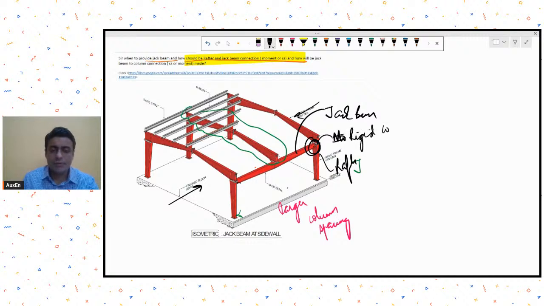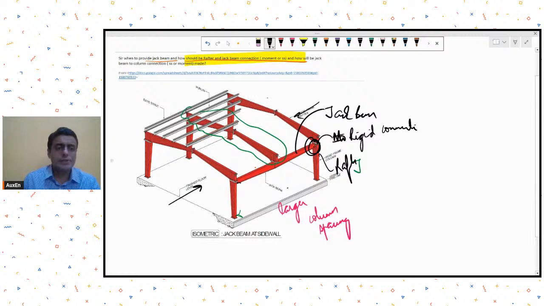It will depend on the designer as to what type of connection they want to make. Whatever decision they take, the other things like detailing and other design aspects will have to follow this decision, which connection type to provide.